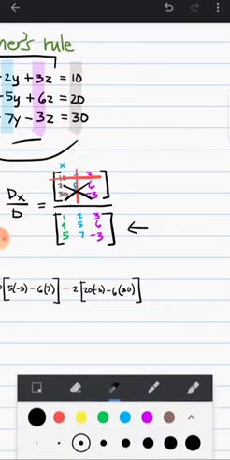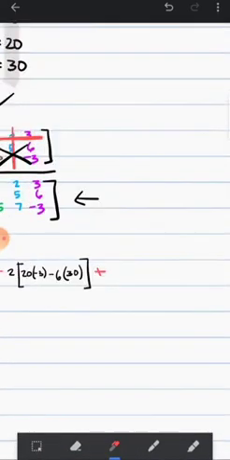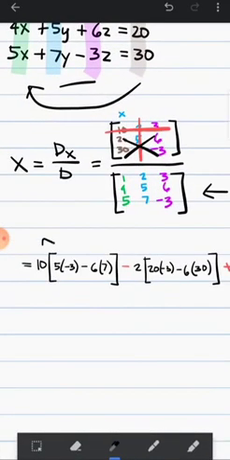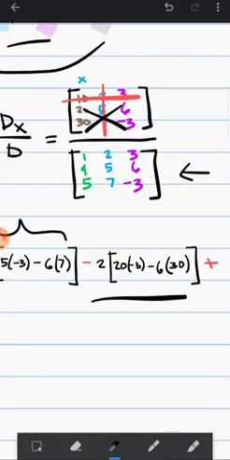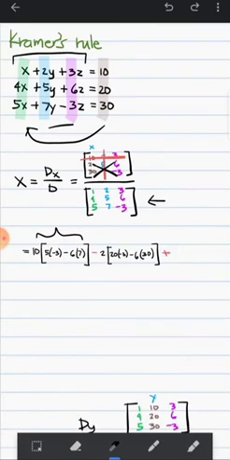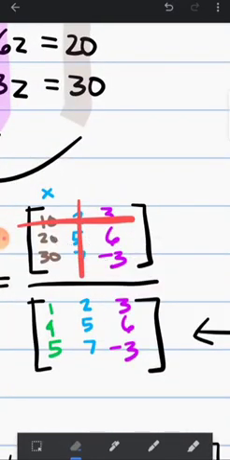And then plus. So the pattern is plus minus plus. This is positive for the first column, subtract the second column, and then add the third column. So that would be plus this one.